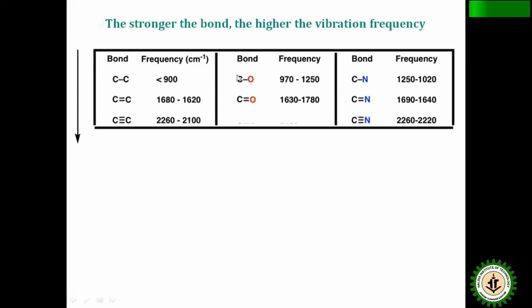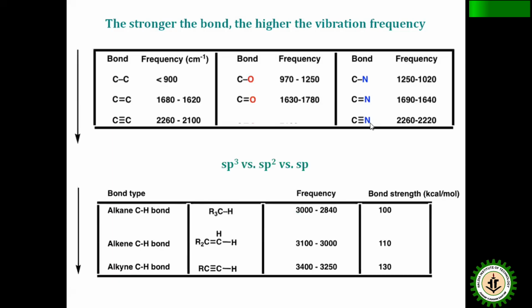The same trend is followed by CO single bond, CO double bond, and also for CN single bond, CN double bond, and CN triple bond. It also applies to CH bonds where carbon is either sp3, sp2, or sp hybridized, that is, the CH bonds of alkane, alkene, and alkyne.